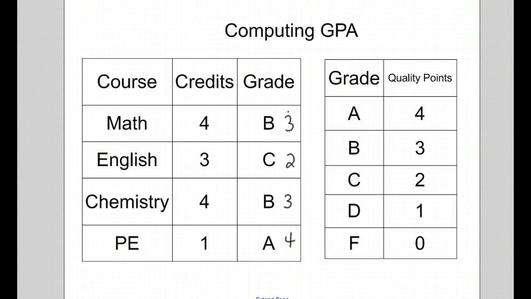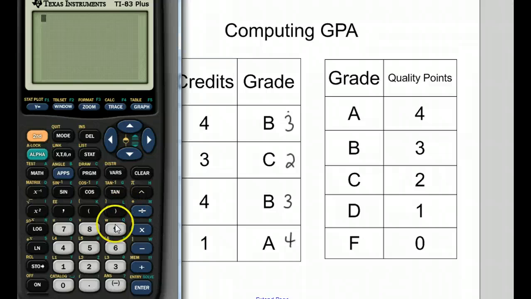Now, same thing. I'm going to multiply credit times quality points for the first thing. It's just like the frequency distribution thing. So it's 4 times 3 plus 3 times 2, plus 3 times 2, plus another 4 times 3, plus the 1 times 4.